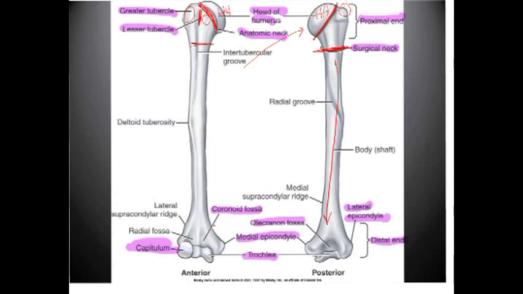And that brings us down to the distal portion of the humerus, which will articulate with the radius and ulna. We have a coronoid fossa and a radial fossa, which, as the name implies, the radial fossa will be for the radial head, and the coronoid process, or coronoid fossa, will provide an articulation here as well.